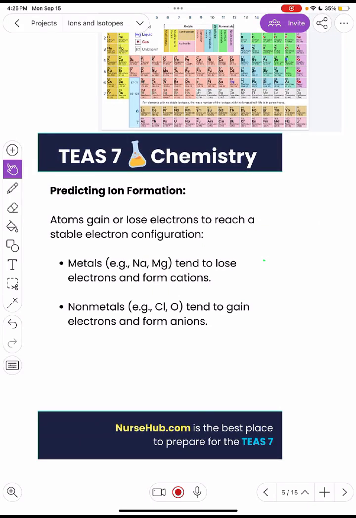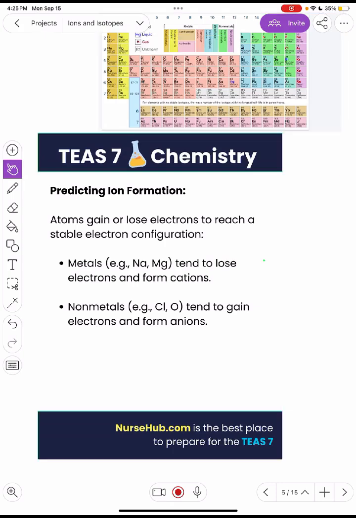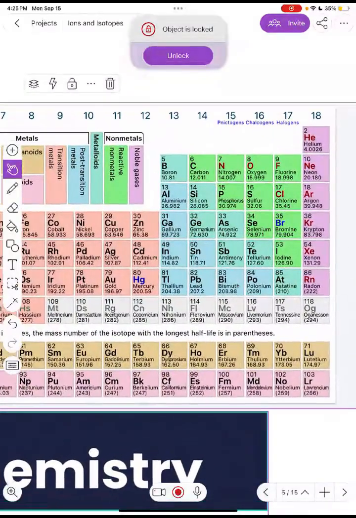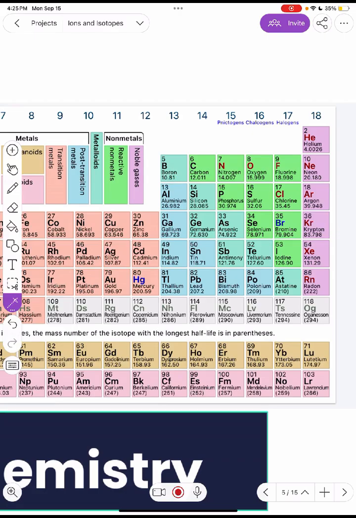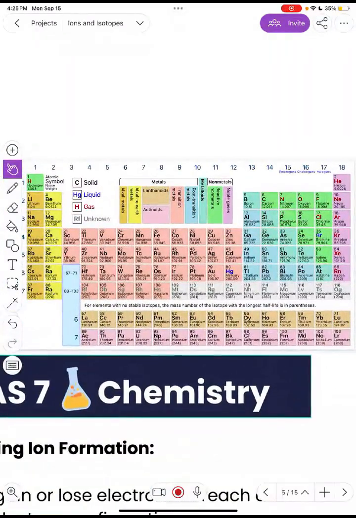Now, the chemistry behind that is because oxygen is over here on the right-hand side of the periodic table. The way I've always described it to students that has worked best is the periodic table is like a board game, y'all. Oxygen's right here, and it's really close to the goal of the board game.